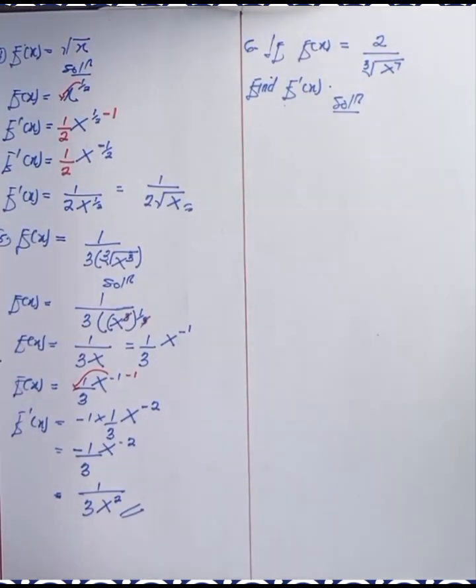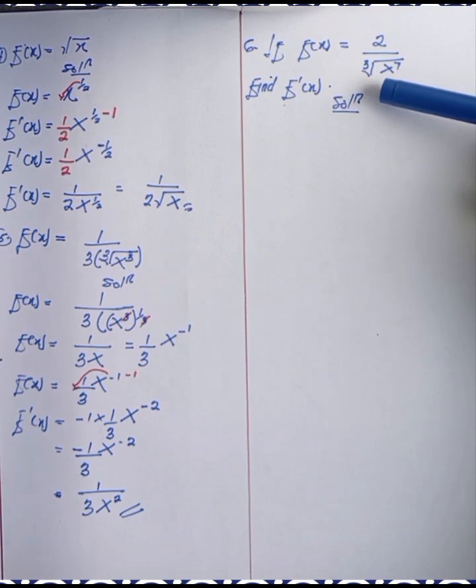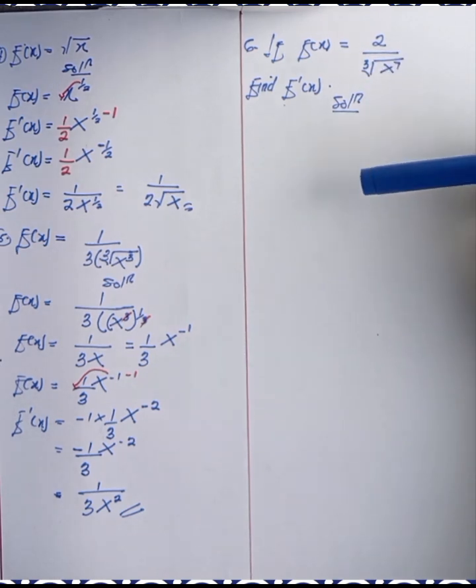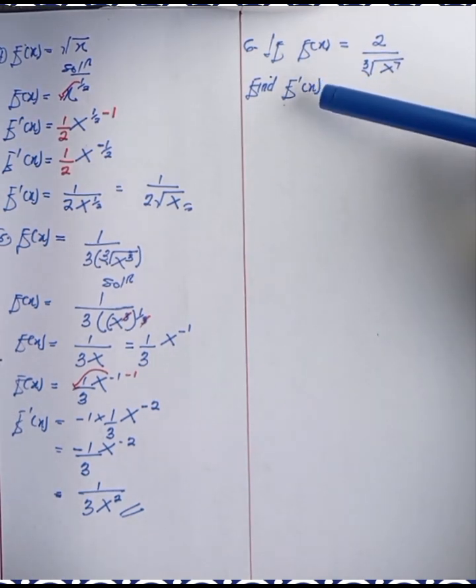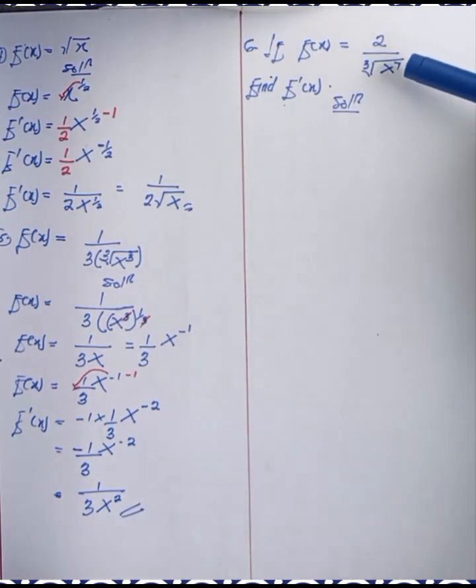If f of x is equal to 2 over the cube root of x exponent 7, we have to find the derivative f prime of x. That is the first derivative. Before we can solve this, we have to convert this into index form.